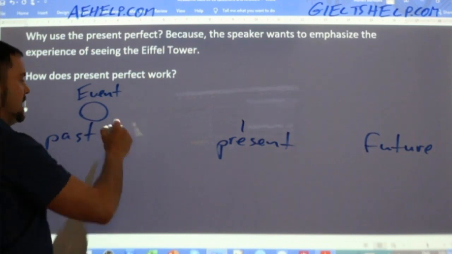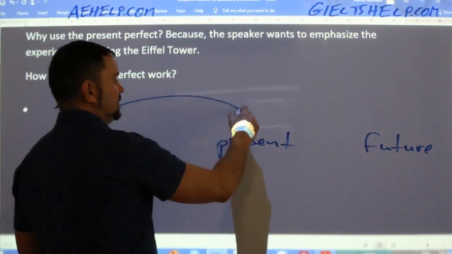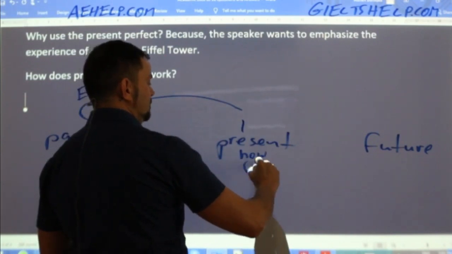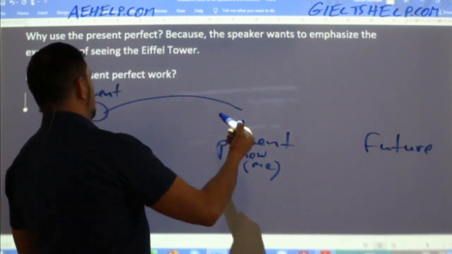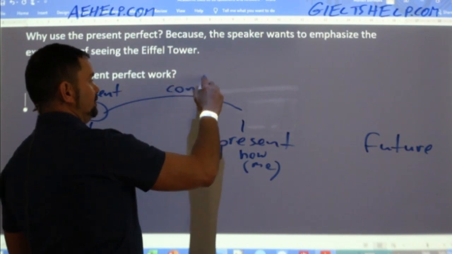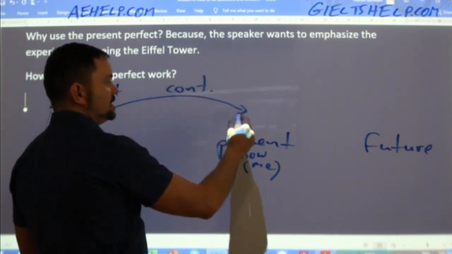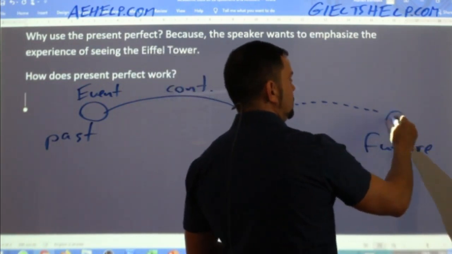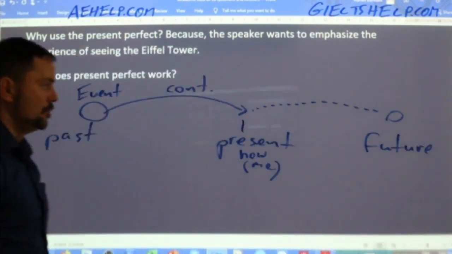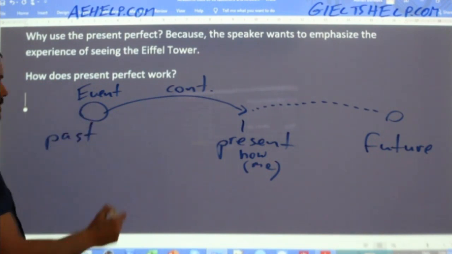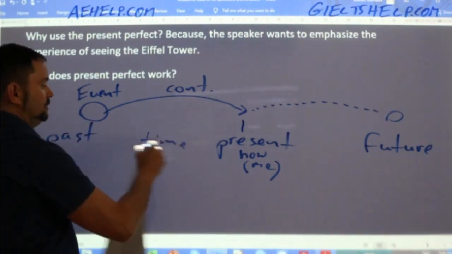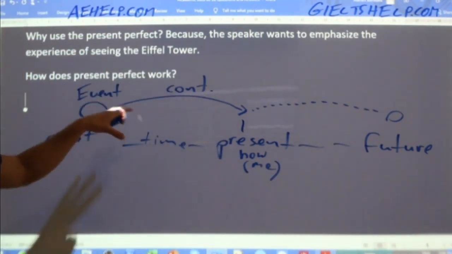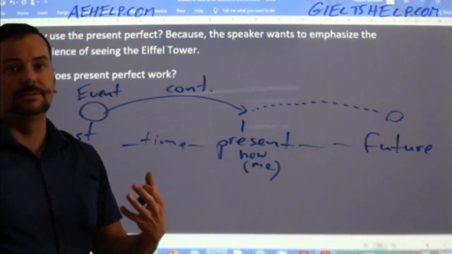Okay? That event continues until the present. So this is me now. Okay. So it continues until the present, and then it probably continues into the future time as well, the unknown future. So this is the timeline. Okay, this is time here. All right. So that's how it works in concept, that grammar.